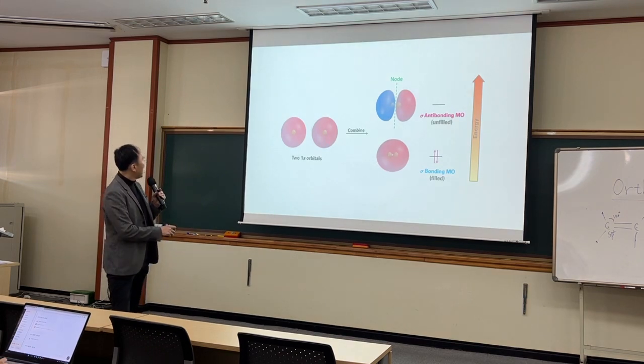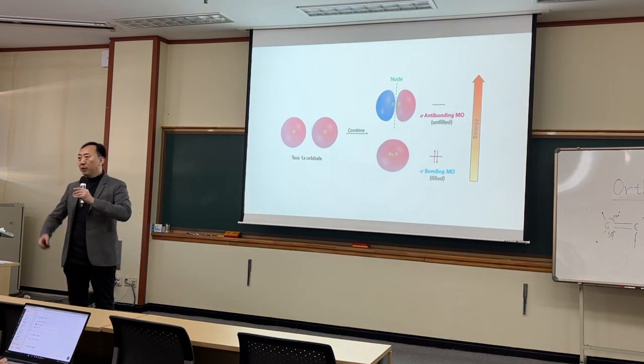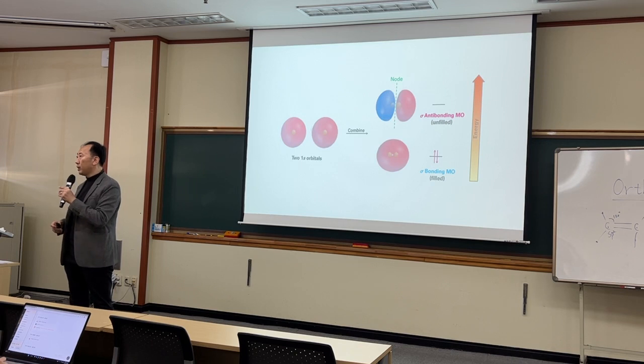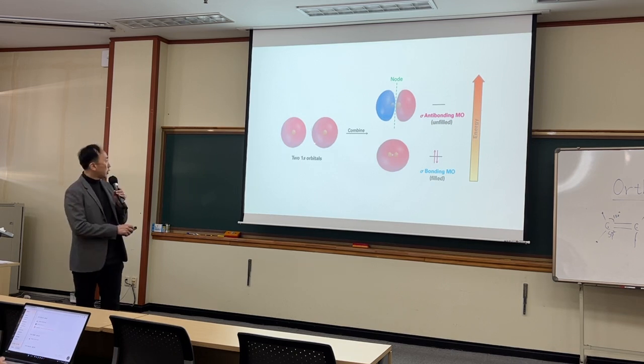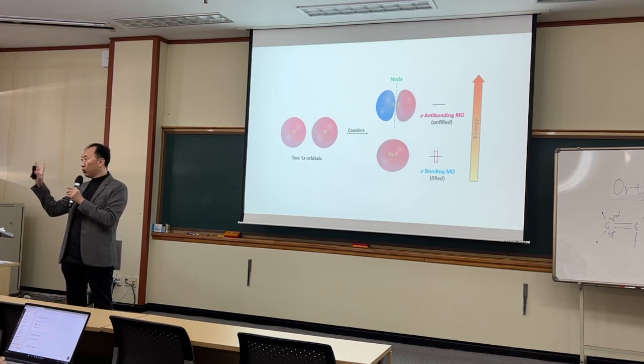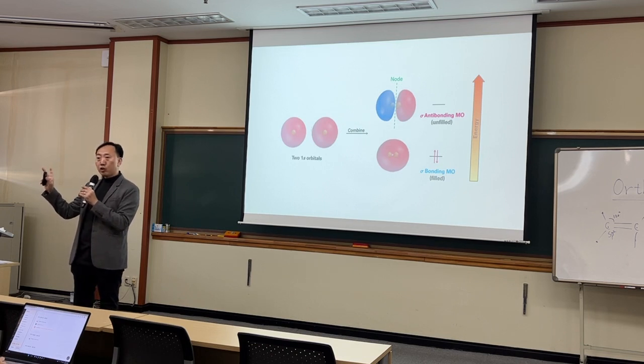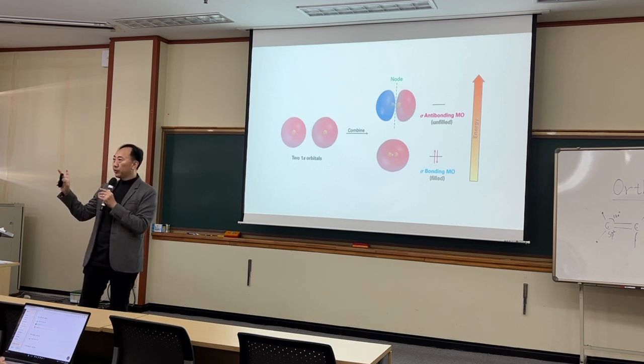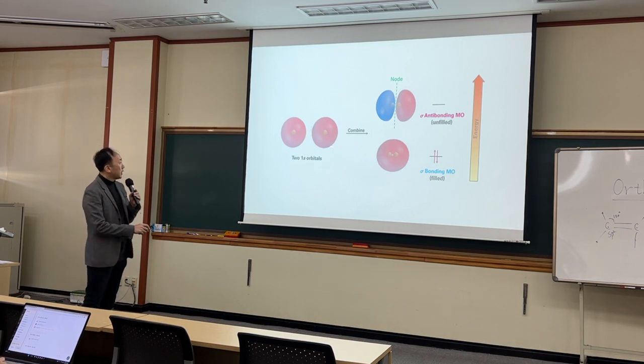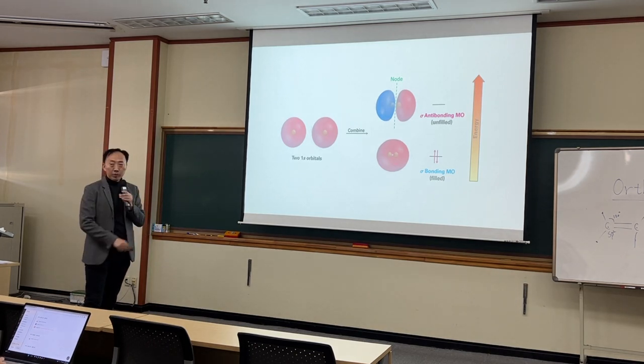We started with the two atomic orbitals. They meet together and make a hybrid orbital, a so-called molecular orbital, then two atomic orbitals should make two molecular orbitals. And total energy should be the same because energy should be conserved too. That's why when they meet together, they make this bonding orbital.